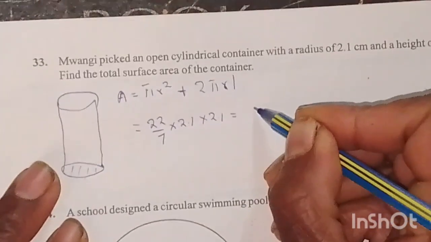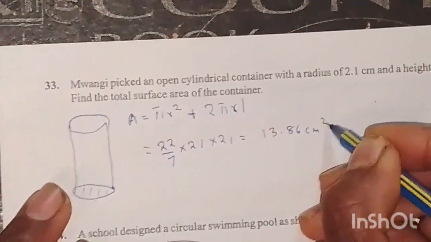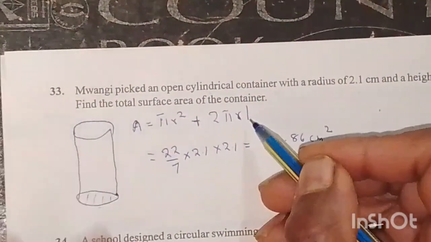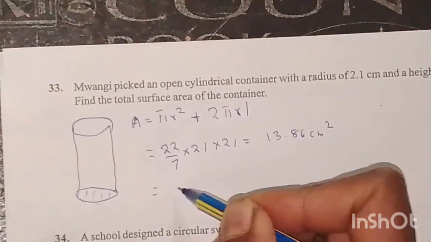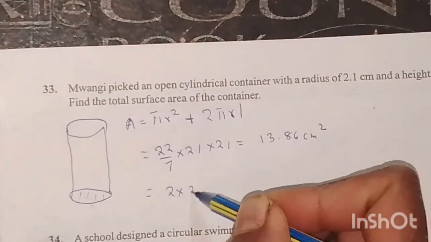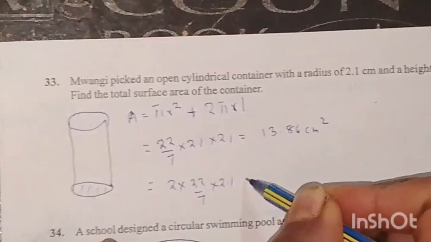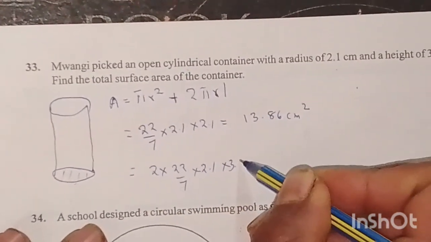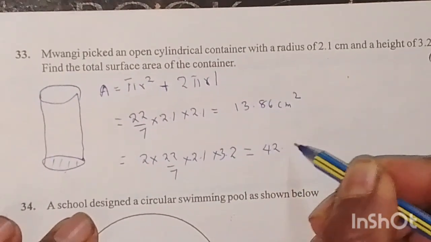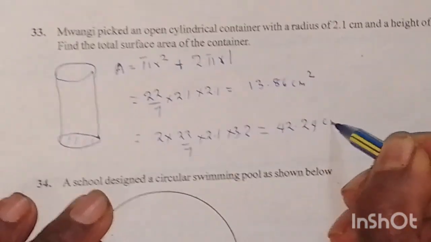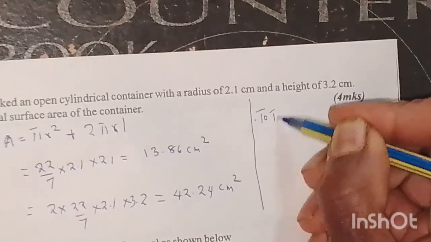The answer to this is 13.86 centimeters squared. The surface area of the side of the cylinder shall be equal to 2 multiplied by 22 over 7 multiplied by 2.1 multiplied by 3.2, and the answer to this shall be 42.24 centimeters squared.